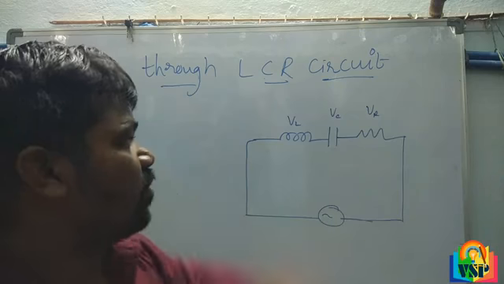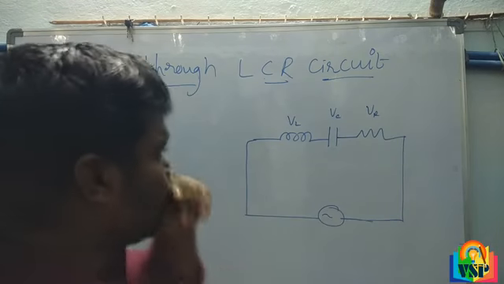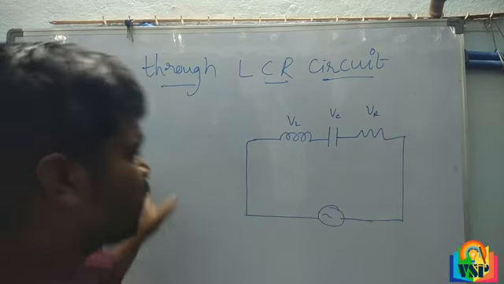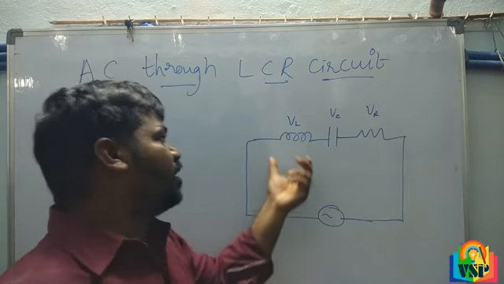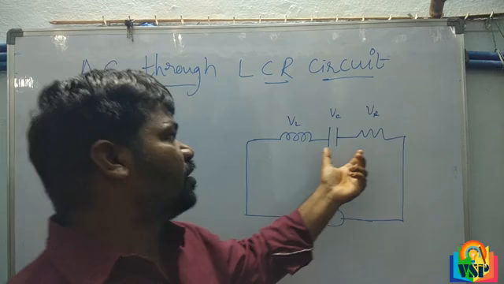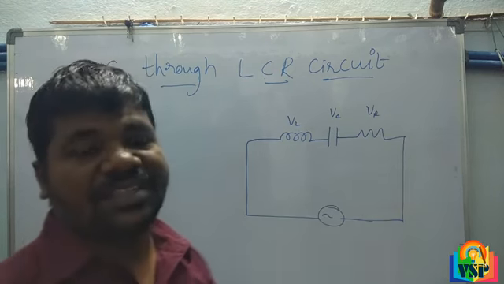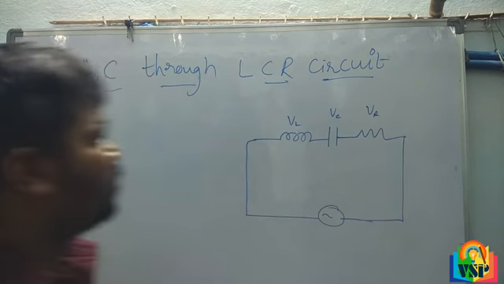Like that, V is equal to IR. So consider an AC circuit having an inductor, capacitor and resistor.